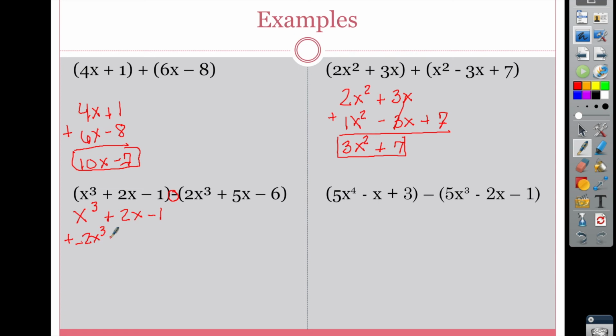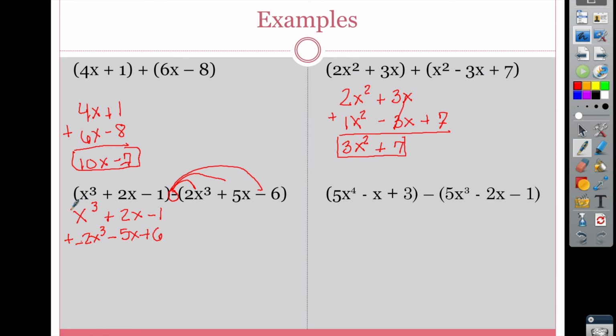So that will become negative 2x to the third minus 5x plus 6. So again, we are distributing our negative sign. So the negative needs to go to all three terms. So that becomes negative 2x to the third and negative 5x. And then two negatives makes a positive, so plus 6.